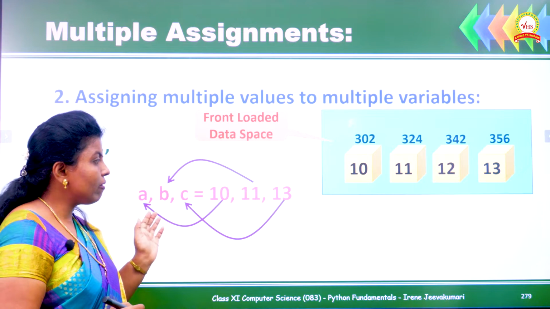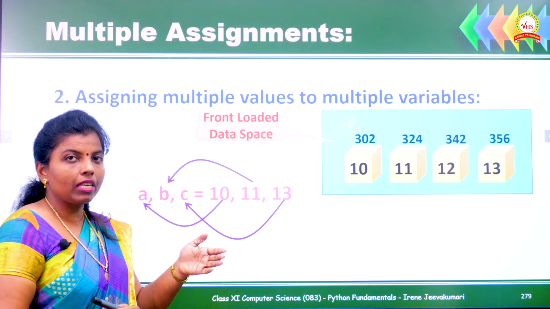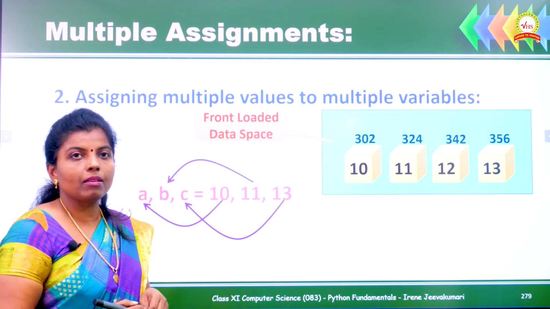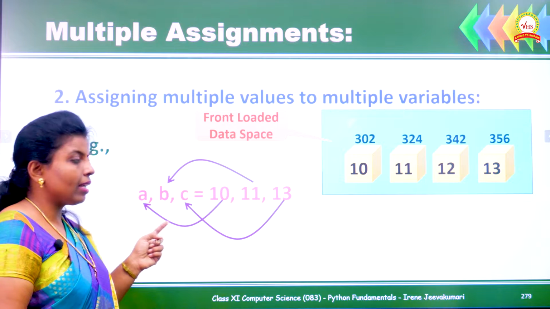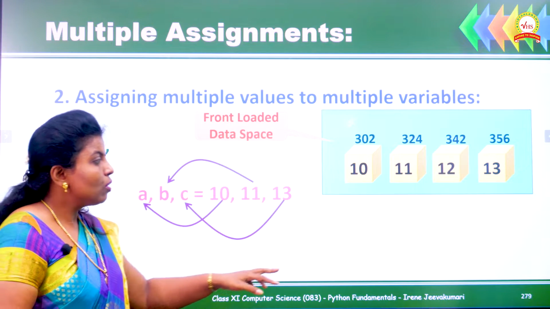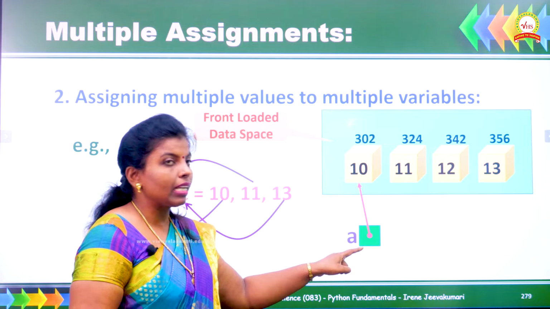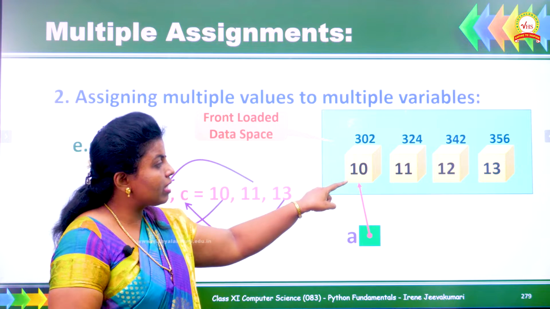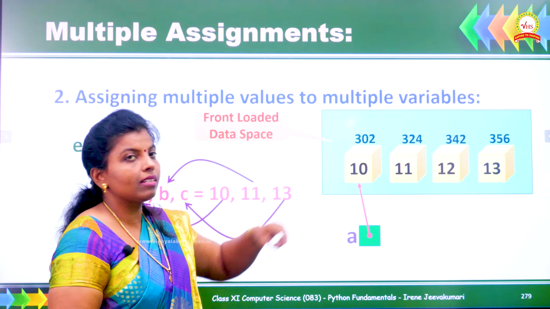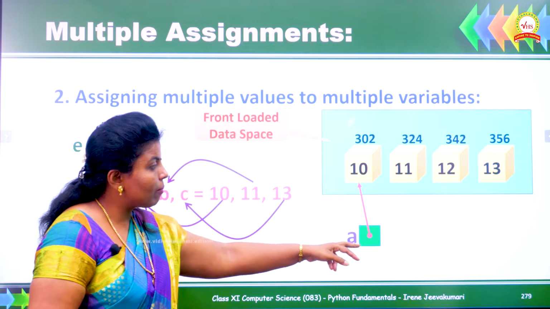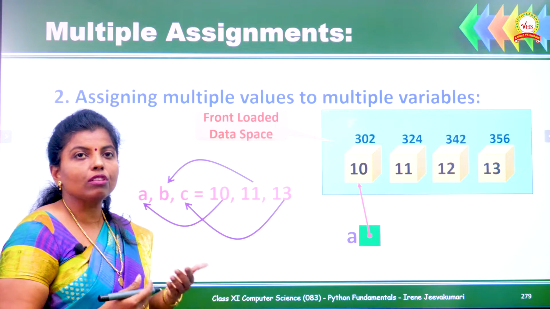Whenever we create a variable, a label will be created, and it will reference the memory address wherever the value is stored. Here for A, we have assigned the value 10, so the label for A will reference the memory address where number 10 is stored, which is 302.